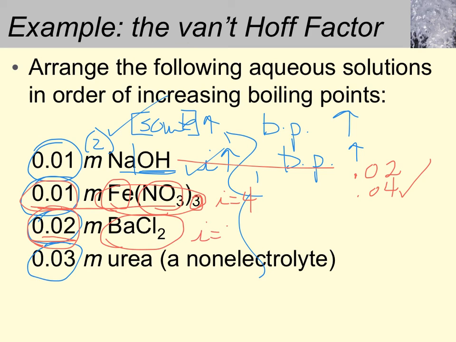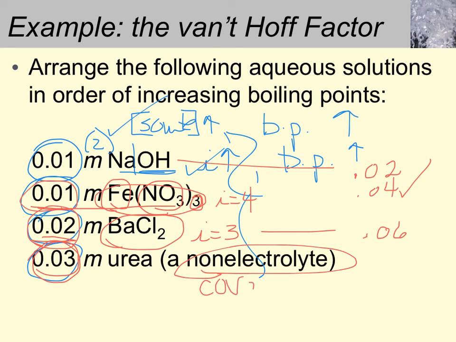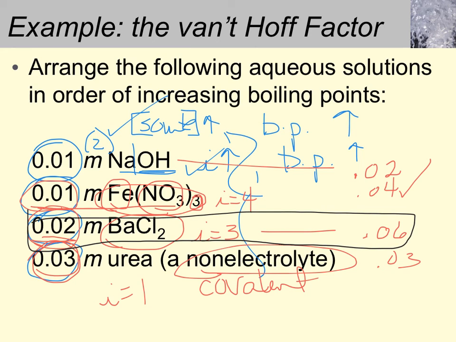It's 3. 1 barium and 2 chlorides. Oh, this one's going to win. That gives me a factor of 0.06. And finally, 0.03 times non-electrolyte means covalent. Okay, no, it means no ions. So I is 1. So that's 0.03. So the answer is 0.02 molar barium chloride will have the highest boiling point.